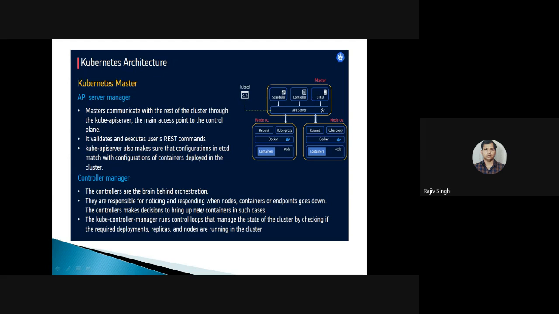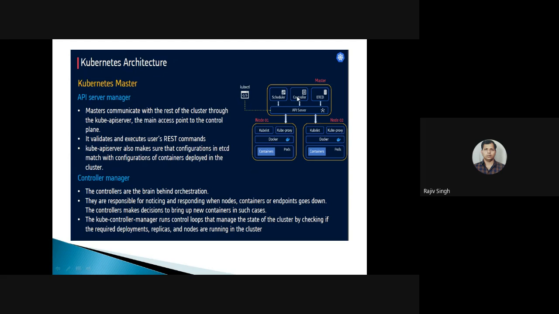Now the controller manager. What is the controller manager? Actually, the controller manager maintains the actual state and the desired state. Actual state and desired state means, suppose as per the requirement, 10 pods should be running, but in actual only 9 pods are running. One pod got deleted. So the controller will check that our actual state is 9, but the required state is 10.